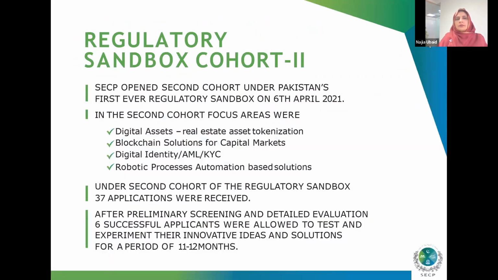In the second cohort, SECP again invited applications with the focus areas of digital assets, blockchain solutions for capital markets, digital identity, AML, KYC solutions, and robotic process automation based solutions. In the second cohort, we received 37 applications, and we allowed 6 applicants to proceed, and they are under the testing phase.